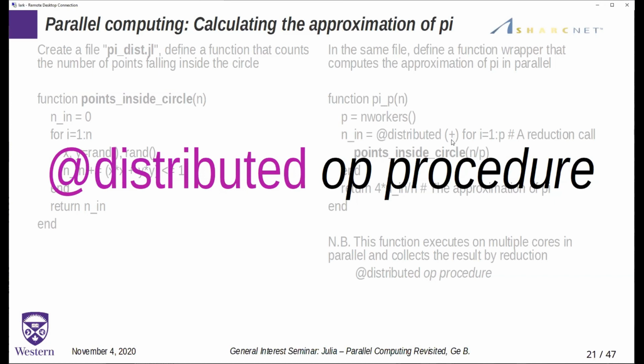This means after this procedure is executed, the result will be reduced through the reduction operation and returned back. So it does two things in one shot: dispatches the work, the task, to the remote workers, and collects the results back and adds them up. Okay.